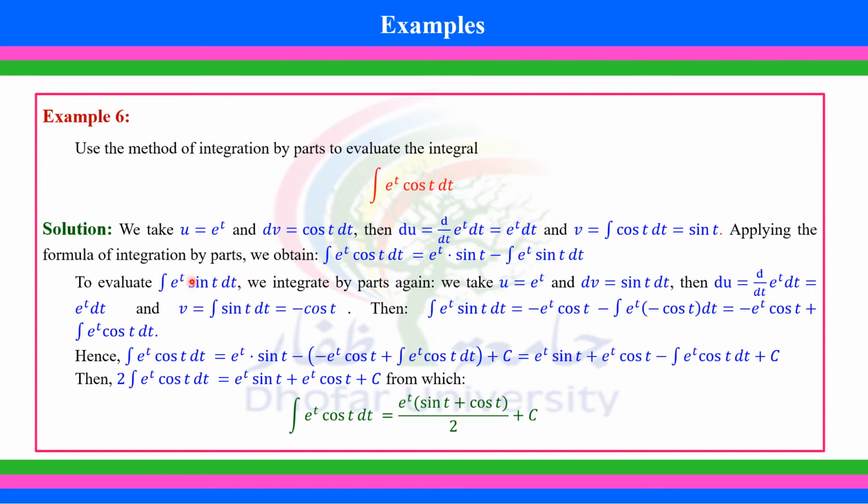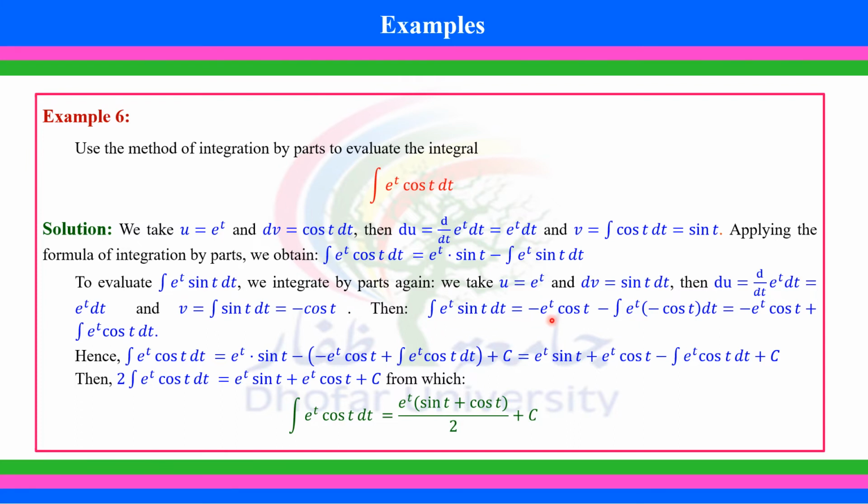Again we use u equal exponential t and dv equal sine t dt. From u we find that du is e power t dt, and from dv equal sine t dt, when we integrate, we obtain v equal minus cosine t. Now we apply the formula of integration by parts.